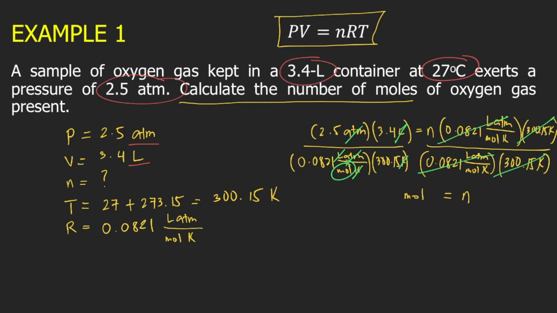Now, if you solve this in your calculator, 2.5 times 3.4 divided by 0.0821 times 300.15, the answer is approximately equal to 0.345 moles. And this is the final answer to the question.